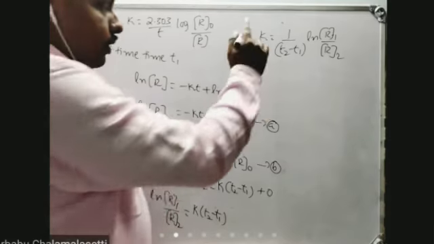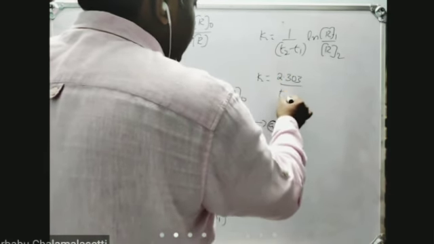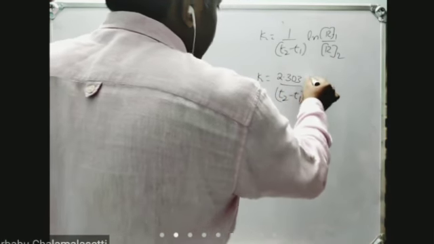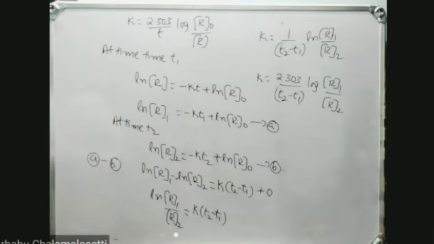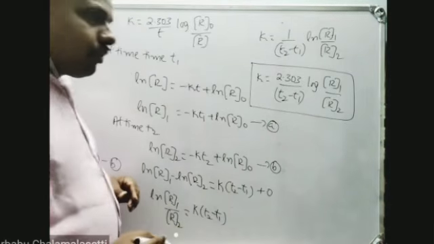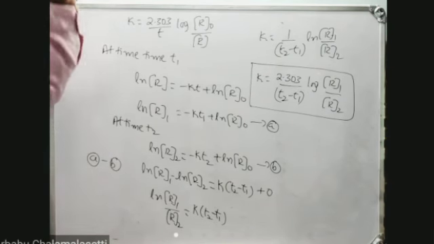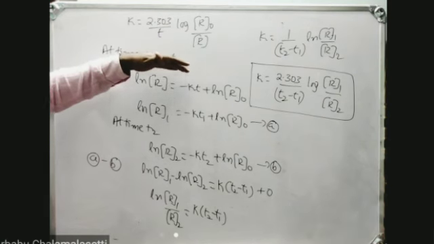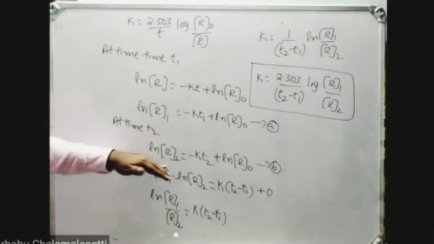If you change this formula into logarithms, k is equal to 2.303 by T2 minus T1 into log R1 by R2. So by using this formula, we calculate the rate constant when the concentrations of the reactants are given at a time T1 and at a time T2.